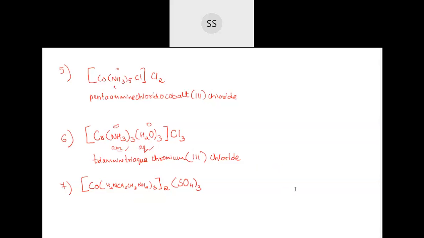Rest everything is correct. Cobalt oxidation state. Yes, correct. Very good. Done, students. So what is the answer you're getting? Check whether the answers are correct. Yeah, correct. Now it's correct.